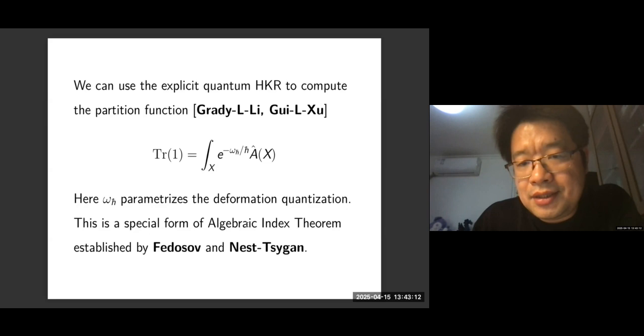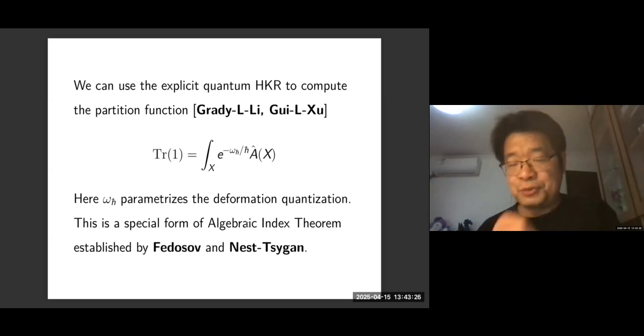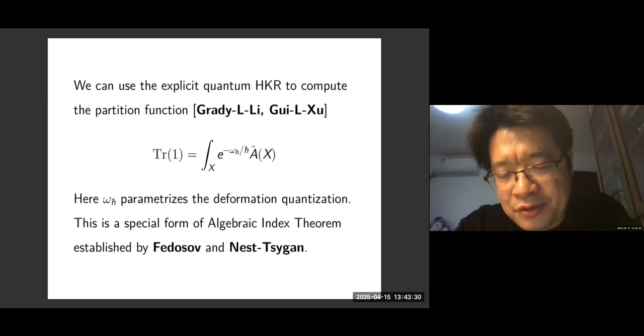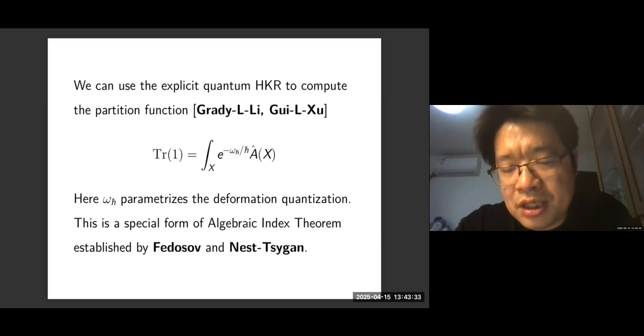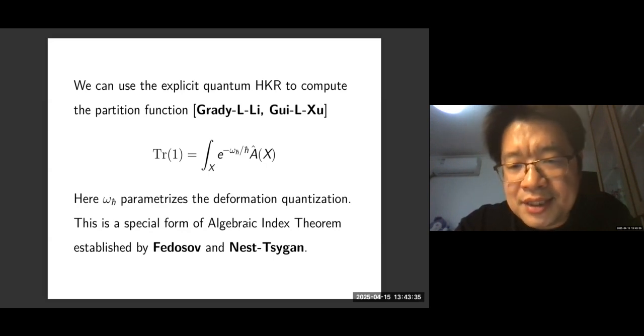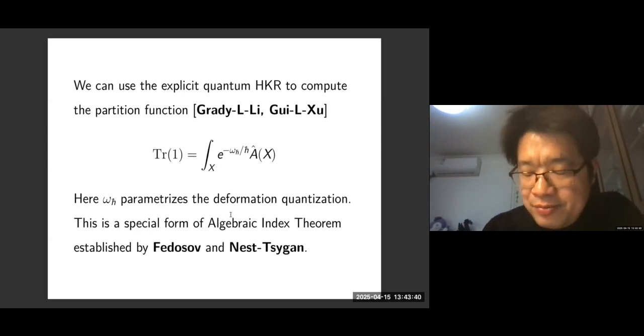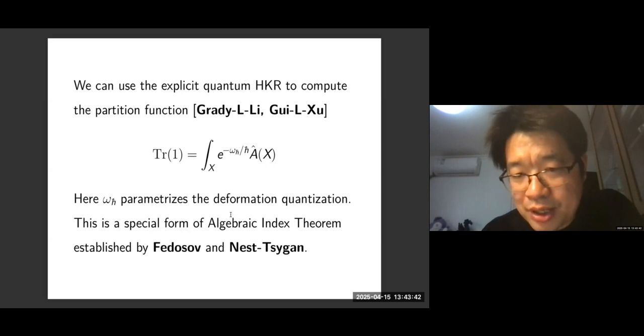If you go beyond one dimension, to two-dimensional and higher dimensions, in physics we have many more examples of partition functions, which are supposed to be some kind of index theorem. For example, as Witten explained, the torus partition function is supposed to be some kind of index theorem for the Dirac operator on the loop space. So imagine this is the algebraic index theorem. Does it work in that direction?